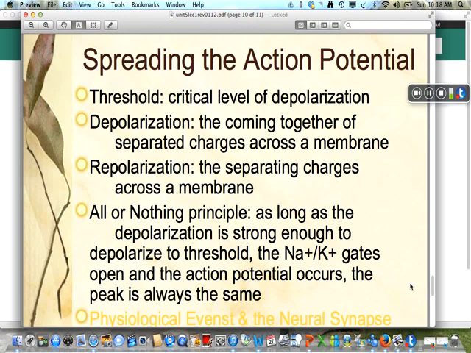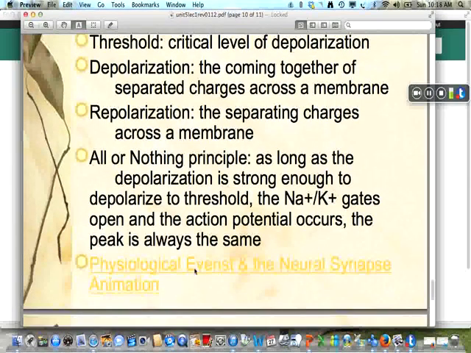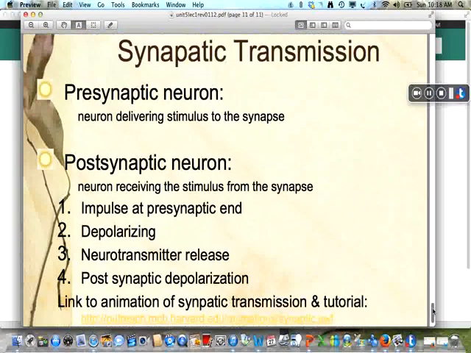If the action potential is truly sending the whole message, is truly firing off, what is causing that message not to get to the other end? And a little hint here, think of the last unit that we covered. And here we have another animation that's going to show the physiological events and the neural synapses.